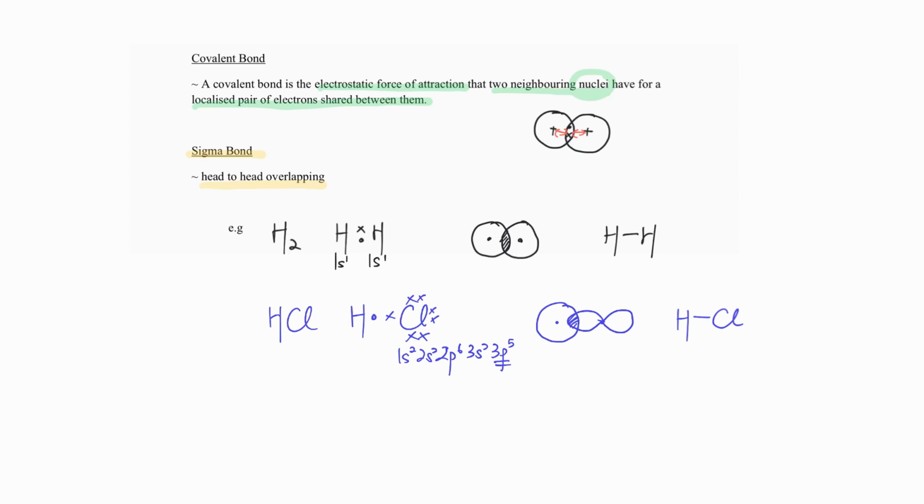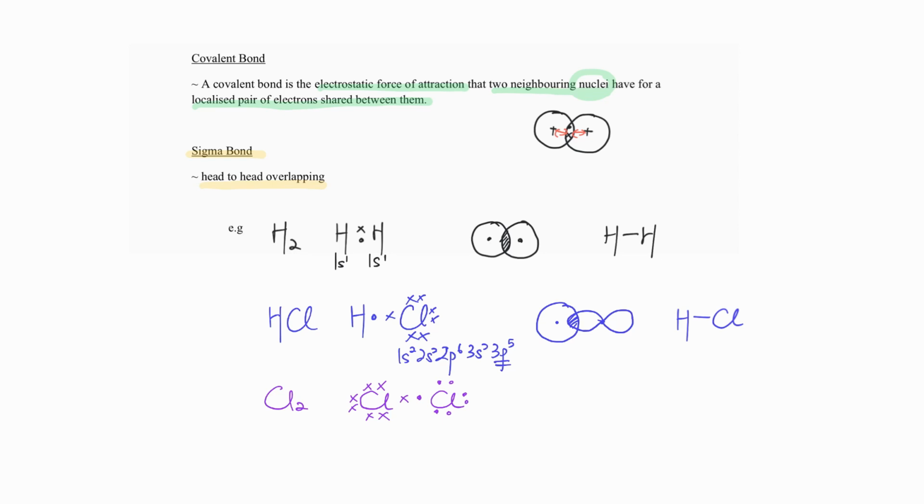The last example is between chlorine atoms. So we have a Cl2 molecule. Between two chlorine atoms, we have a pair of bonding electrons. Each chlorine will contribute one electron in sharing.